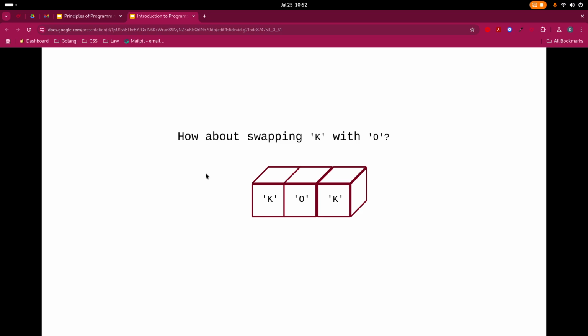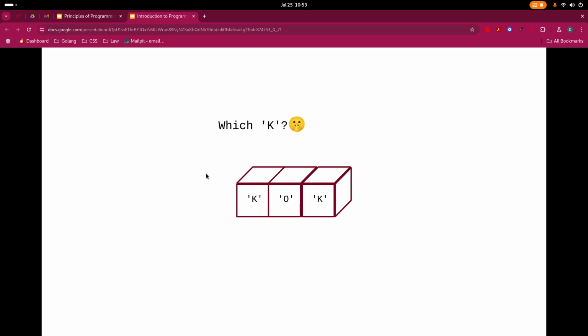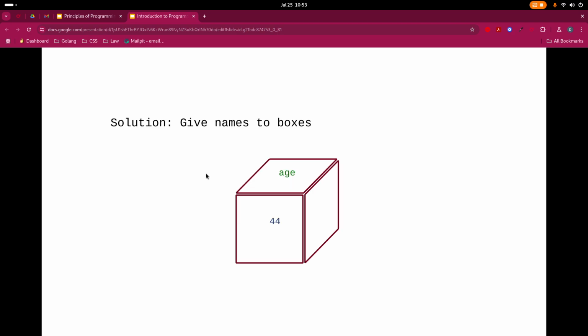It's ambiguous. And so it turns out that whenever we are dealing with boxes, whenever we're trying to write a program, it's important that we assign a name to each box. In this case, you'll notice that I write age on top of the box as a label.